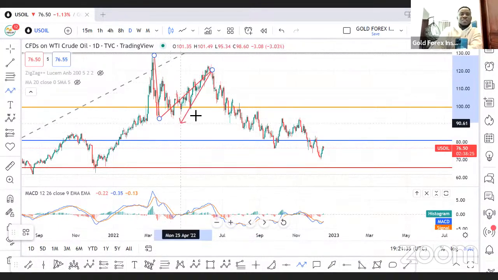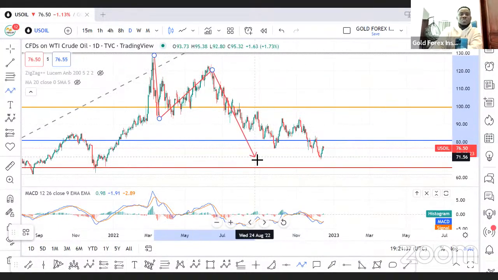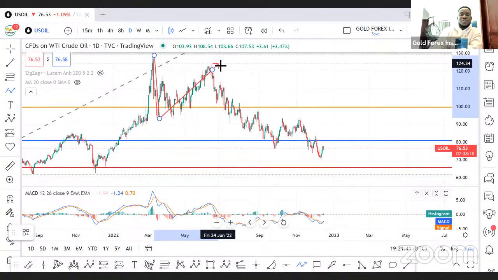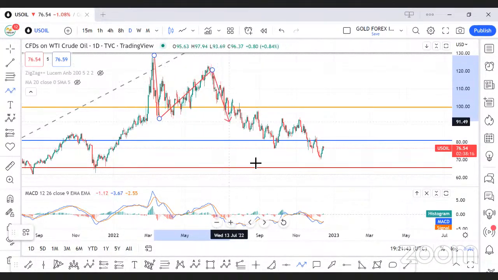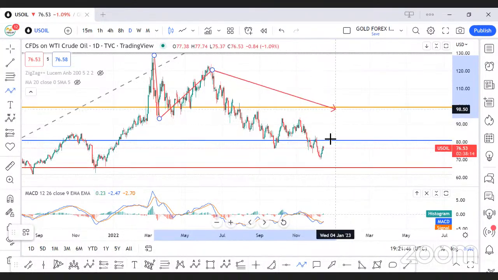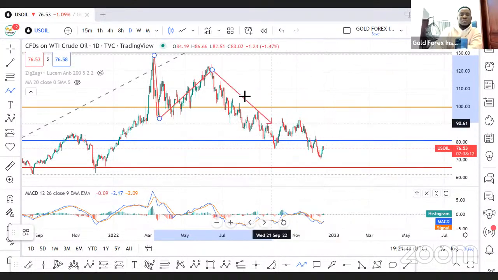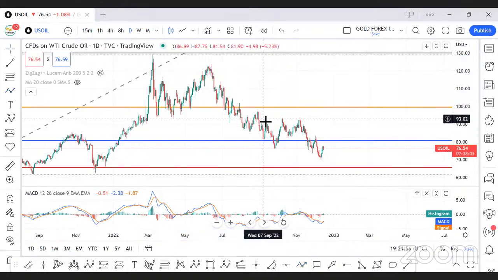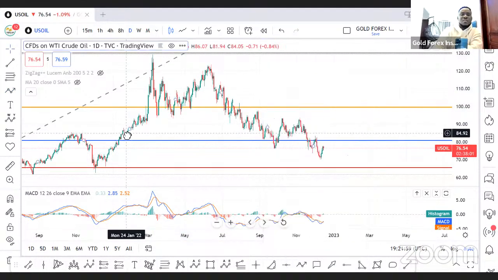But you see, there was a flat correction here. Like this one, A, B, C, it's a flat correction. Here, I don't expect it to be a flat. So maybe this is not a 1, 2, 3, 4, 5.